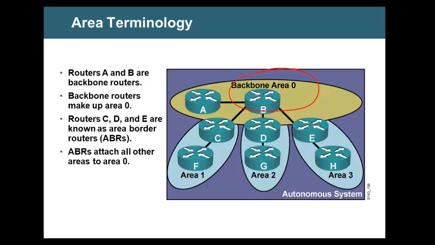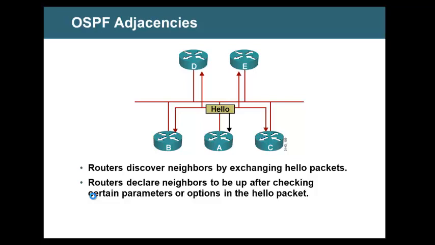Let us move on. This is a well-known story, ABR. I don't want to get into these things. Hello packets are sent every 10 seconds, as we already discussed. There are certain parameters that must match in the hello packets. For example, the timer should match, and the subnet mask should match, and then the area ID should match.